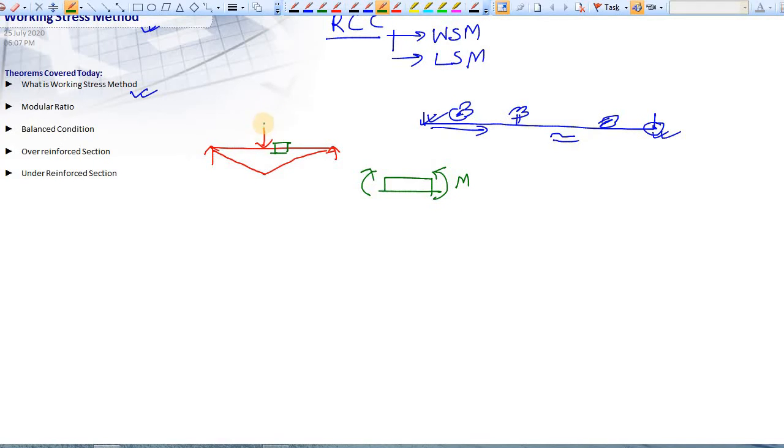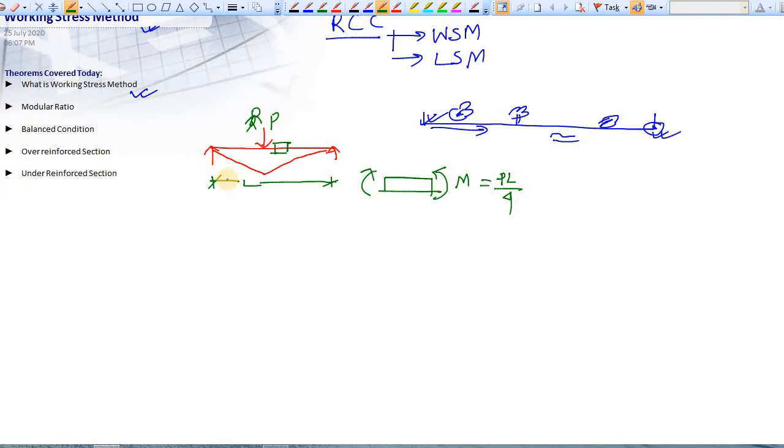Let's say this is the weight of your body, P, and if the length of the beam is L, in that case what is the moment? Of course M is equal to PL by 4.